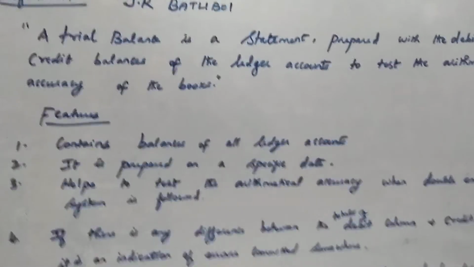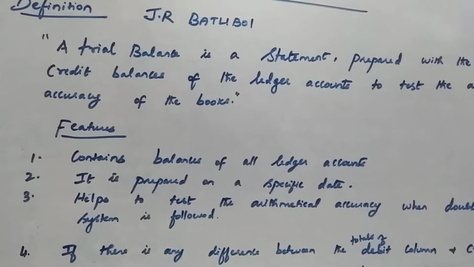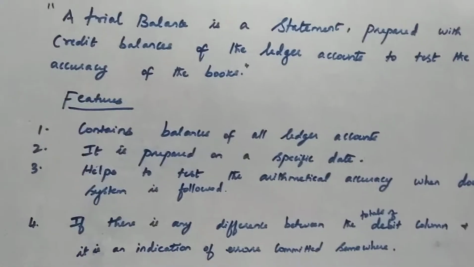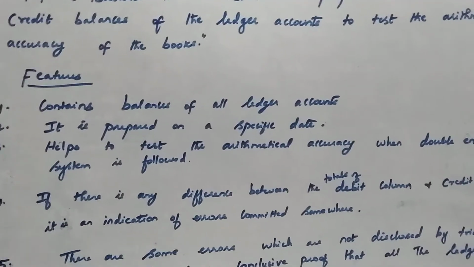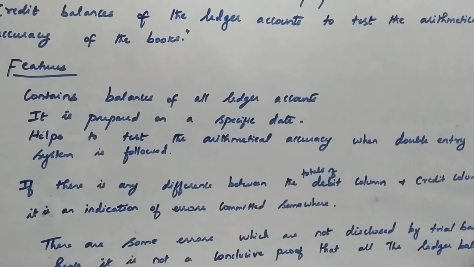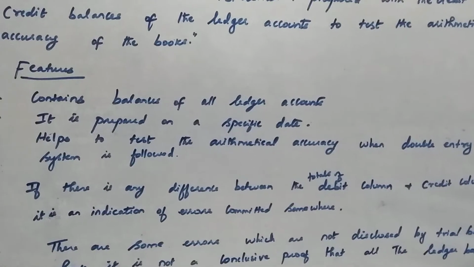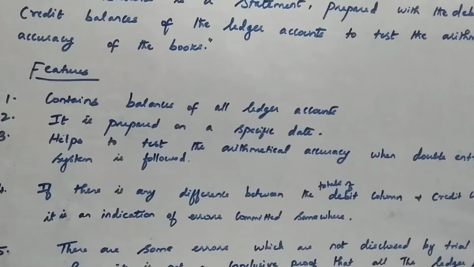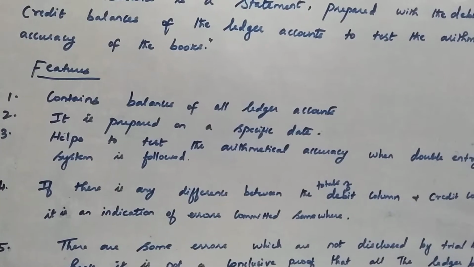For every credit, there will be an equal and corresponding debit. And as I told you, if there is any difference between the totals of the debit column and the credit column, it is an indication of errors committed somewhere. And we have to look into the ledger book again to find out why there is a difference.